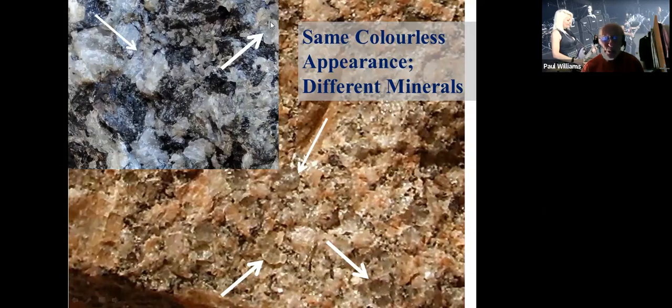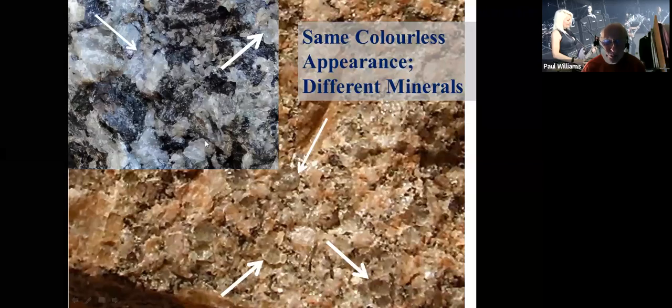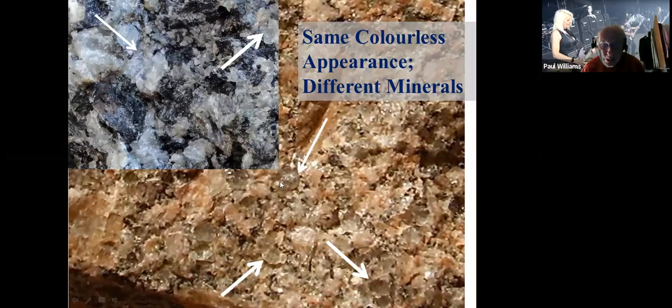Here we've got a colourless mineral. There's another bit of colourless mineral there. There's lots of colourless mineral around here. And look, there's lots of colourless mineral here. And there, and there, and there. So in both these rocks, we've got the same colourless appearing mineral, but they are different.